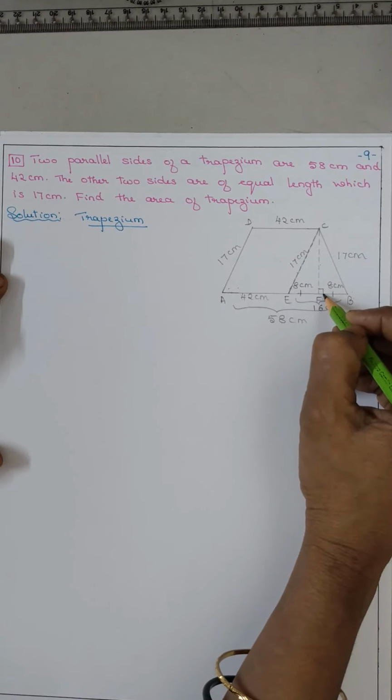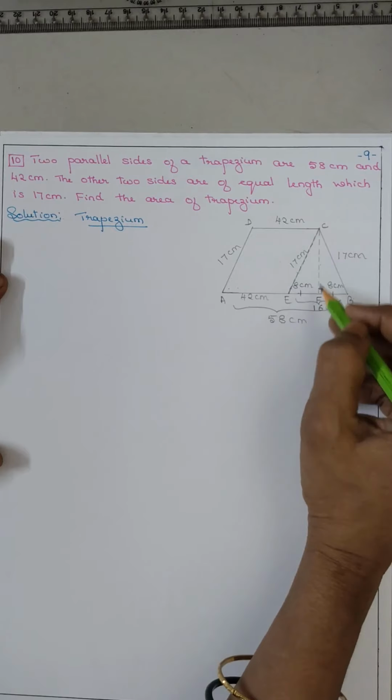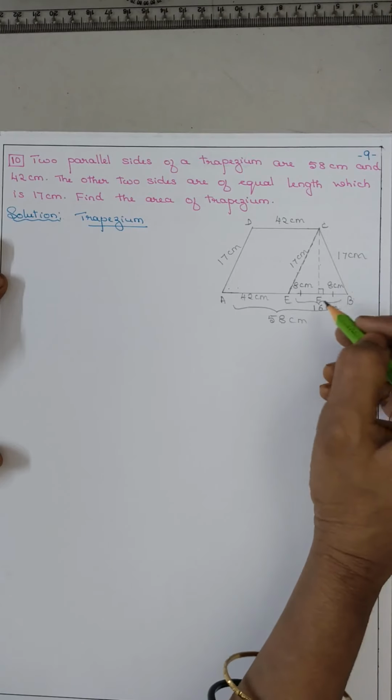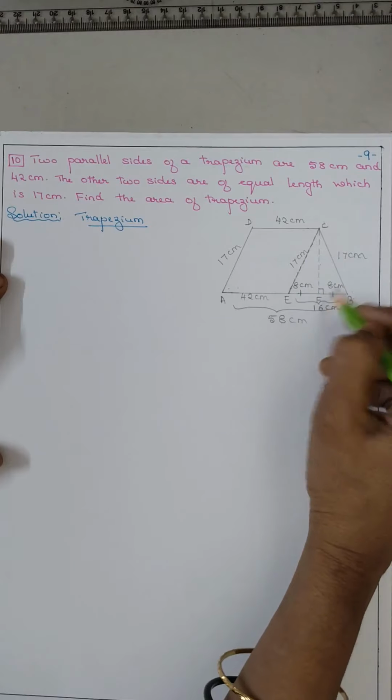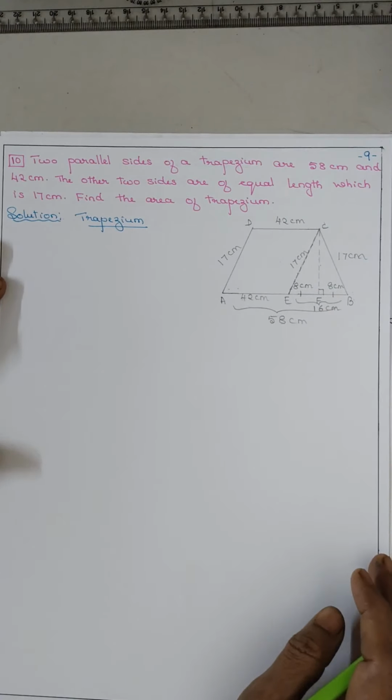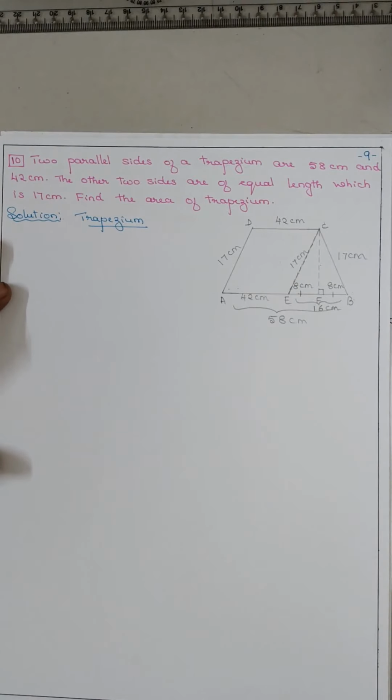This is 90 degree perpendicular. So in the right angle triangle CFB, CB squared, that is hypotenuse square, is equal to base squared plus the height square. From that, by the Pythagoras theorem, find out CF square.